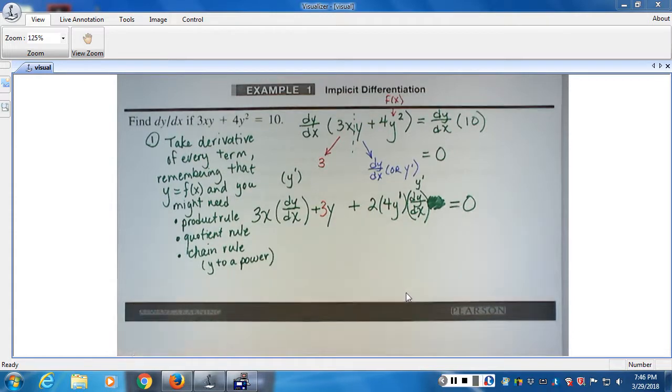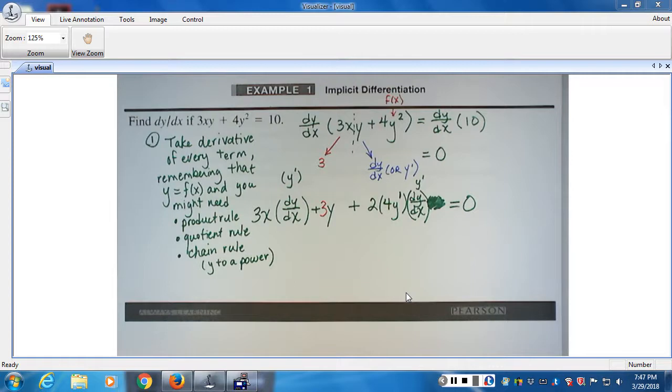So you have to remember that y is a function in x, and that means you might need to use the product rule, the quotient rule, or the chain rule if y has been raised to a power. Okay. The last part of that, you had 2 y prime or dy over dx.